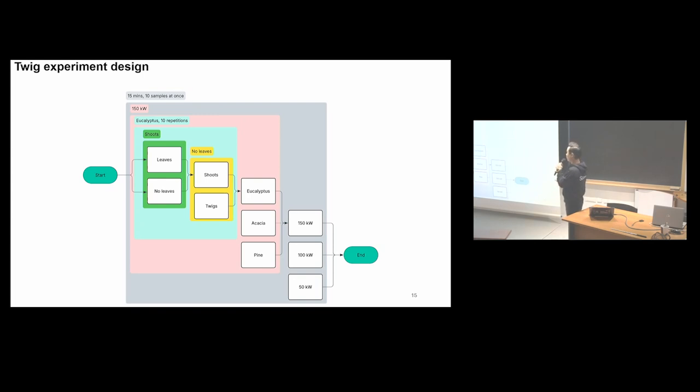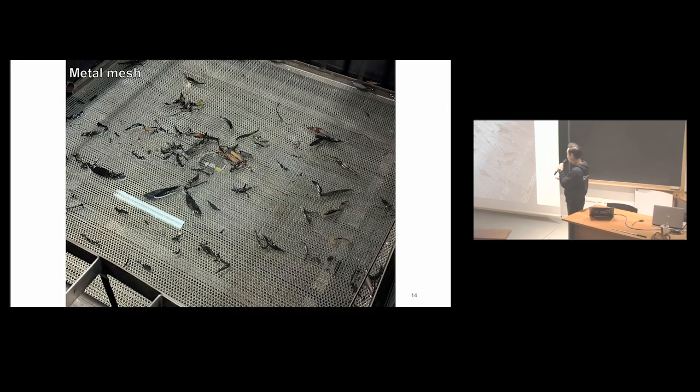For this experiment series design, the first thing we want to compare is the sample with leaf and the sample without leaf. Why that? Because during the experiment we saw that there are a lot of leaves falling on the metal mesh, which is causing confusion for us when we pick up the fiber.